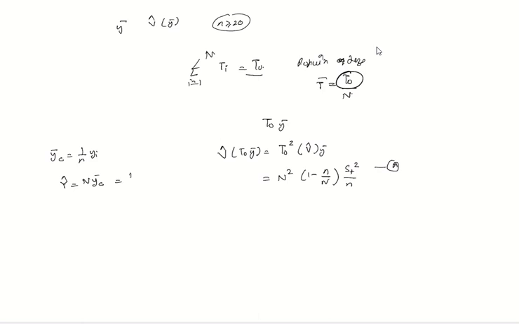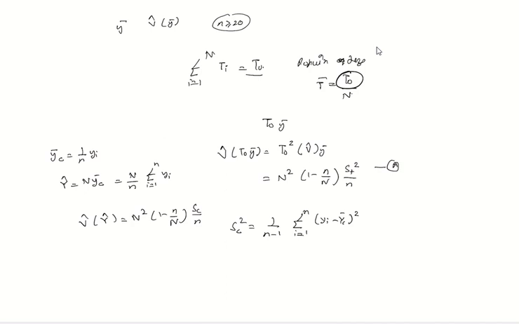That is equal to n upon n summation i equal to 1 to small n of yi. So the estimator of variance of y hat is just going to be n square, 1 minus n upon n, sc square over n, where sc square is equal to 1 upon n minus 1 summation i equal to 1 to n of yi minus y c bar, squared.